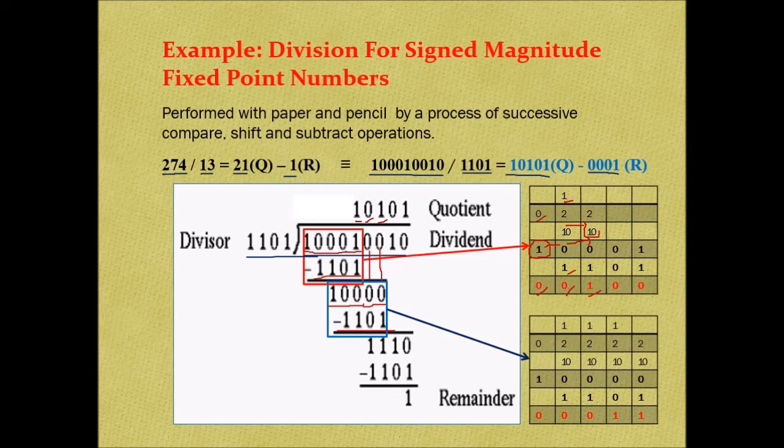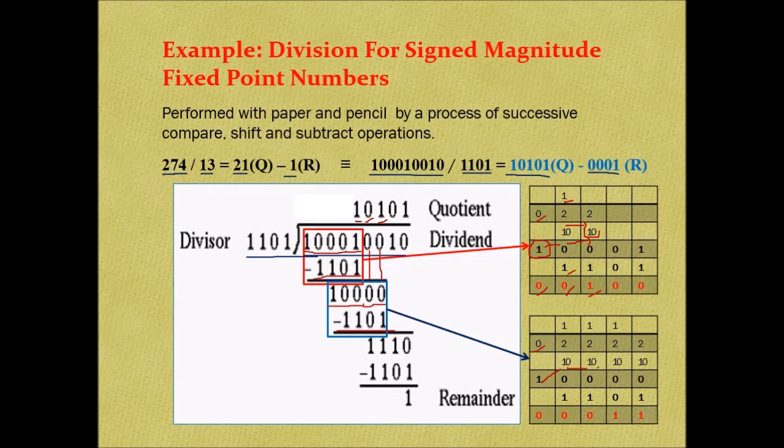The first borrow should be from this bit position. Once I borrow from this bit position, it becomes 0, and this becomes 10, that means 2. After that, this bit value is borrowed to this bit position and now this becomes 1.